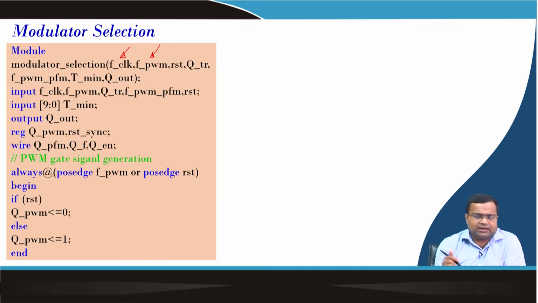Then it also requires a reset, then QTR, and this is a flag signal which will decide whether it is a constant on time or whether it is PWM or PFM. This is a minimum time, because every constant on time should have a minimum time.